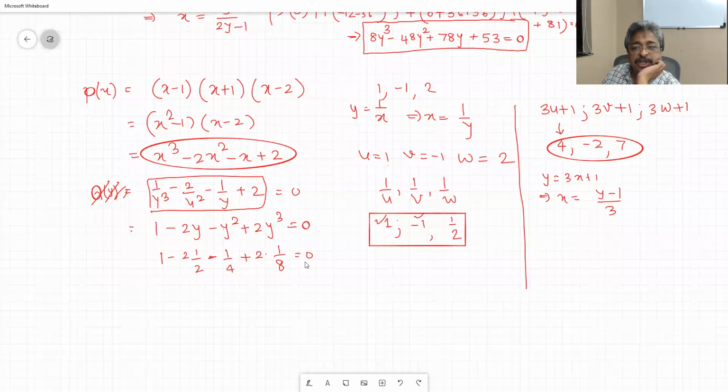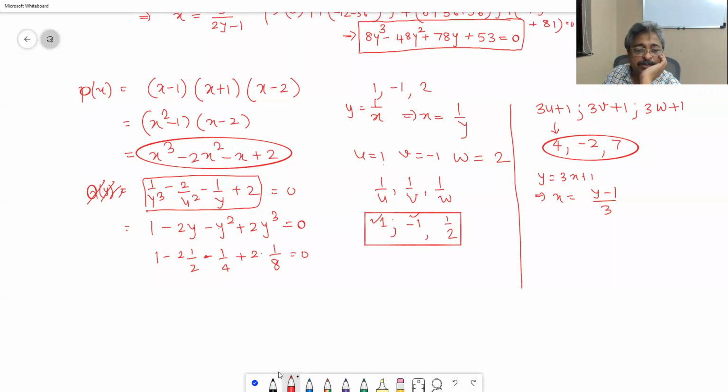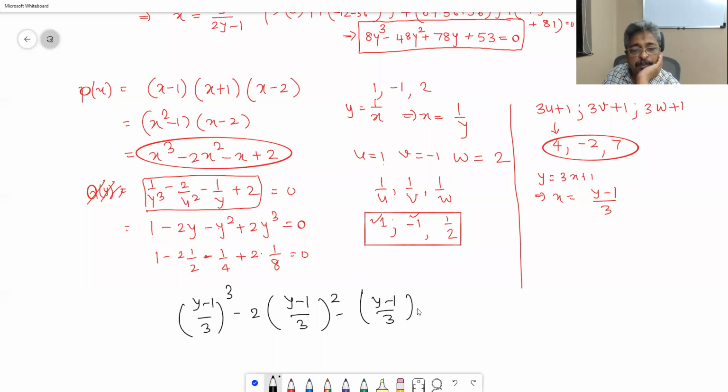Putting that in this polynomial, we get y minus 1 upon 3 bracket cube minus 2 into y minus 1 upon 3 bracket square minus y minus 1 upon 3 plus 2 is equal to 0.